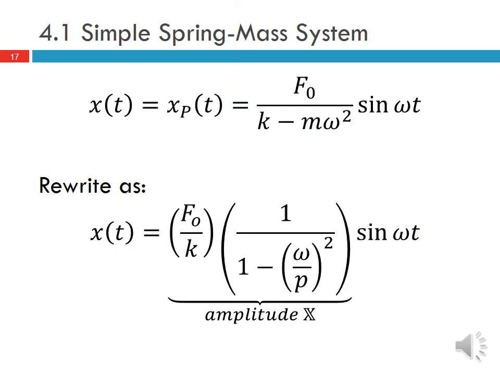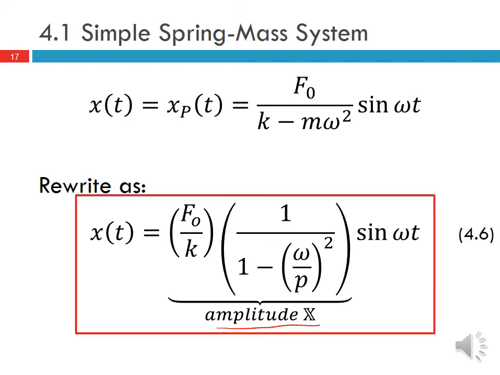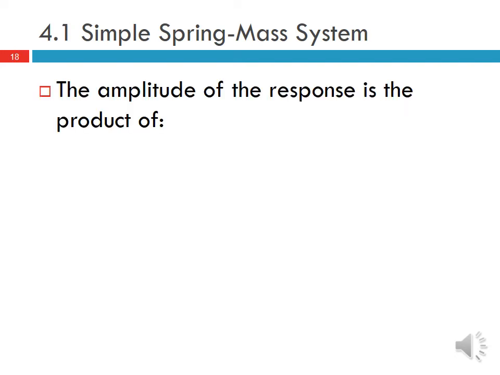So let's focus on the particular solution for now. x_p of t is equal to F naught over k minus m omega squared, sine omega t, which we rewrote in this form. We can see that this whole term here we can call the amplitude X. The amplitude of the response is the product of two things: F naught over k, which is delta static, and 1 over 1 minus omega over p squared.